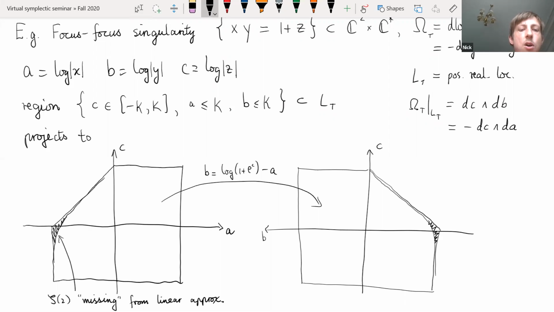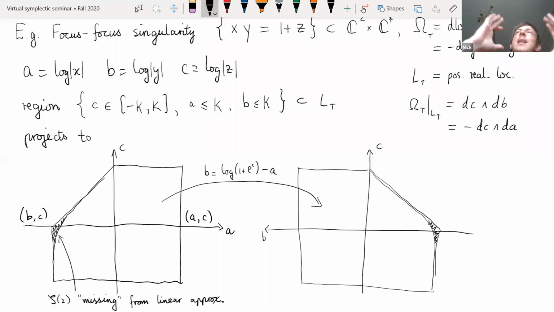Over on this side where A is big, A and C are good linear coordinates on the base of our SYZ fibration. Over here where A is small and B is big, B and C are good coordinates.